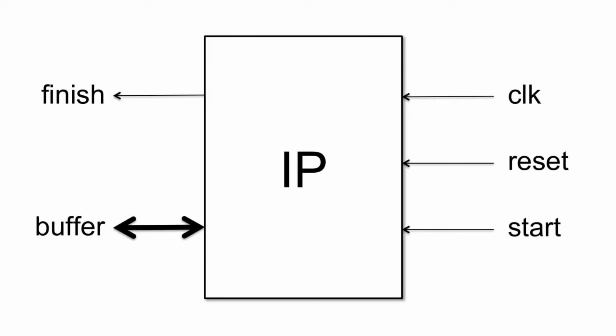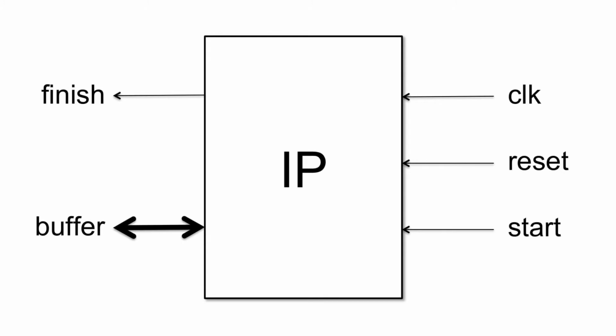How to connect your IP? The hardware designer has only to add 5 ports to his IP. 2 of them are simple system signals, clock and reset. The start port receives information from the software to initiate the computation.